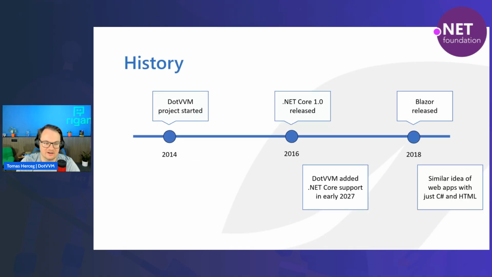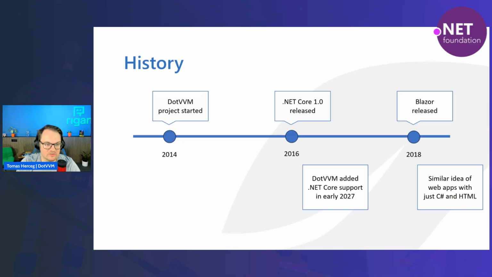The project started really long time ago, before .NET Core 1.0. So in 2016, we looked at the new version of .NET, and we wanted to get support for .NET Core as well. So that was quite shortly after the release of .NET Core, we introduced a new version of .vvm that added support for .NET Core.